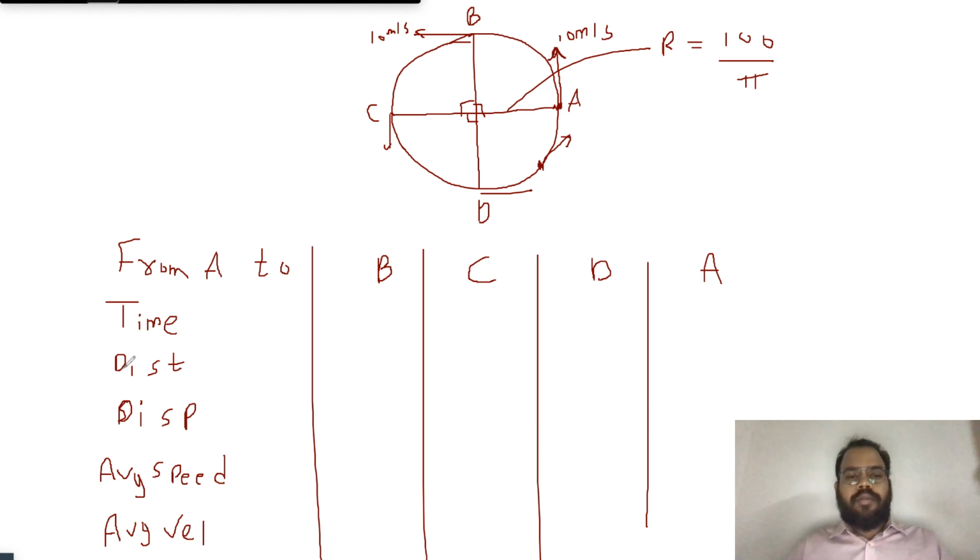So from A to B you have to find time, distance, displacement, average speed, average velocity. Similarly you have to find from A to C, then A to D, and then A to A.